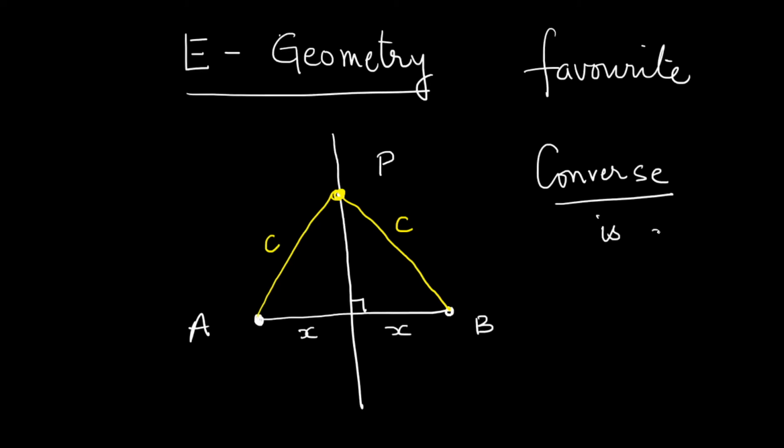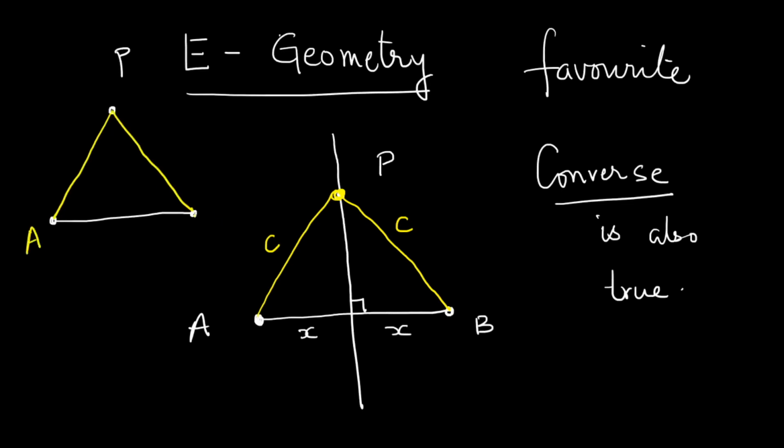The converse says that if there's a line segment and you happen to find yourself in a place where you are equidistant from both the endpoints of the segment, A and B, so these lengths happen to be the same, you can be sure that you are residing on the perpendicular bisector of this segment AB.